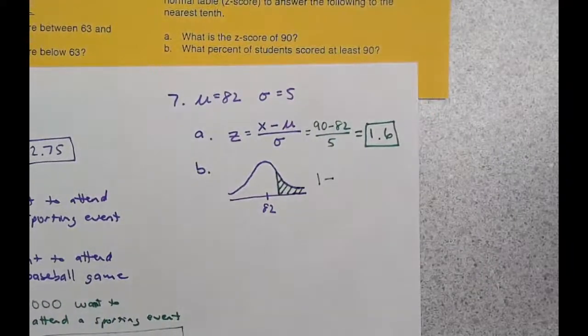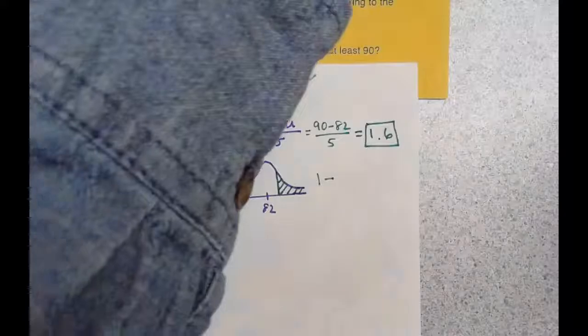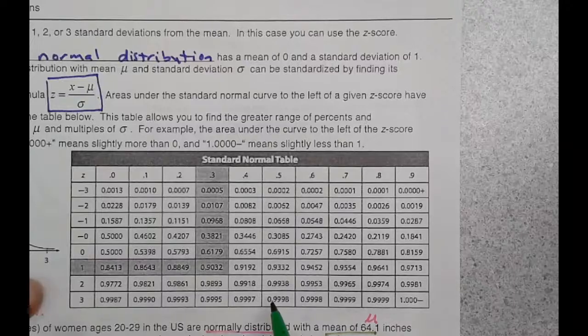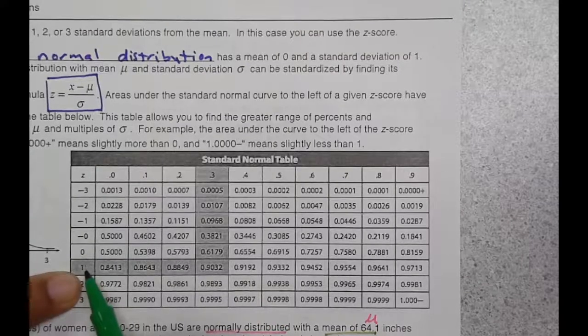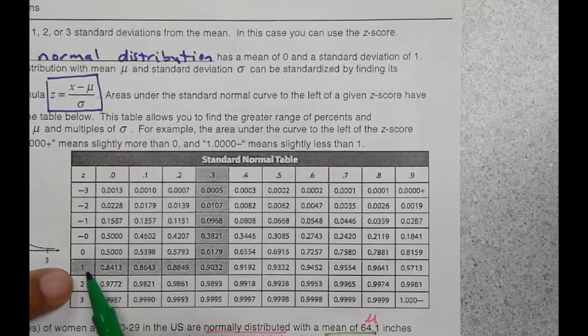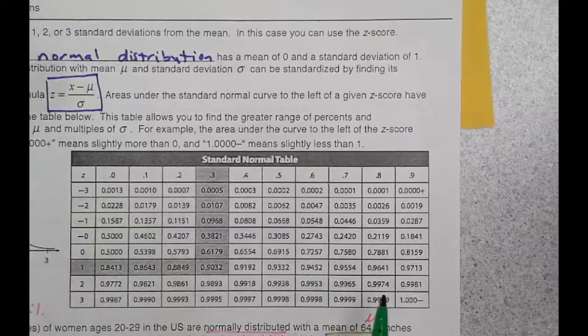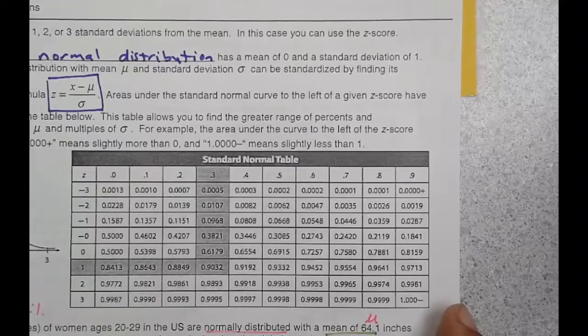All right, so give me a second. I have to find that chart. Okay, I found the chart. So now we're going to look at what the value is at 1.6. So here's 1. Remember that the beginning part of the decimal is going to be here, and after the decimal you find here. So we have 0.9452.